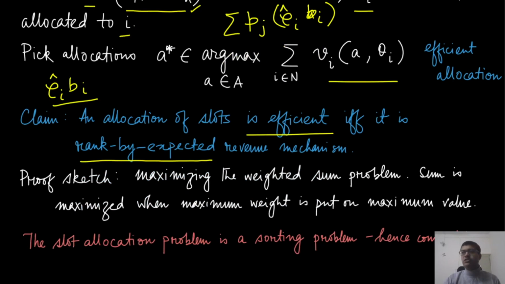You are trying to maximize the weighted sum of a certain set of values, and if you put more weight on the larger values, you are going to maximize this sum. That is essentially the whole point of doing this rank by expected revenue mechanism. So what is being done is actually efficient. That is going to solve the sum of valuations problem, because you already know that there exists this decaying order of the PJs.